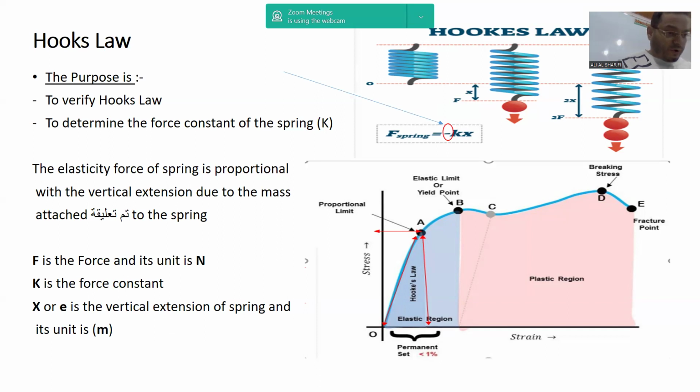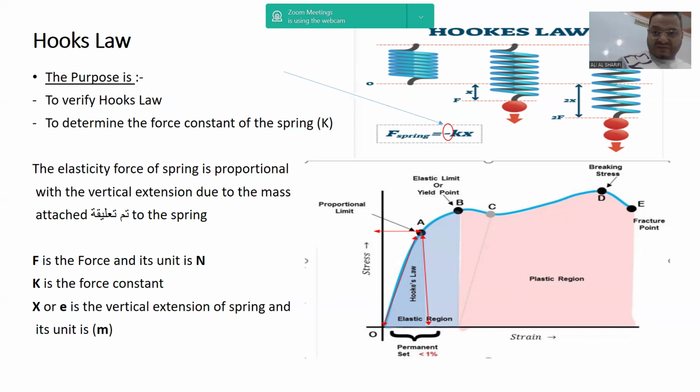That means when some stress is applied to your bone, the first state of resistivity from your bone will be at the elastic region, like this curve illustrates at OA, and it will act like any spring, okay? Because of that, today I will teach you how we can determine the force constant of any spring, okay?